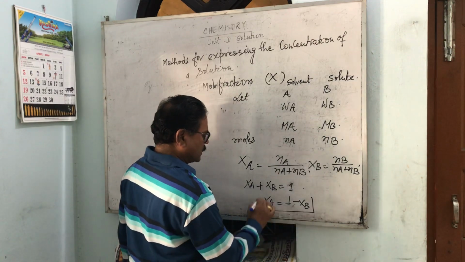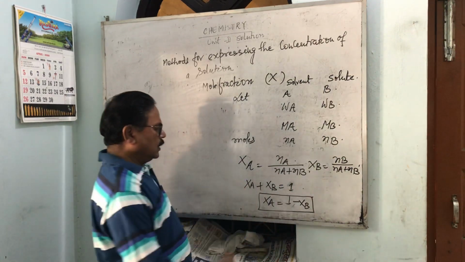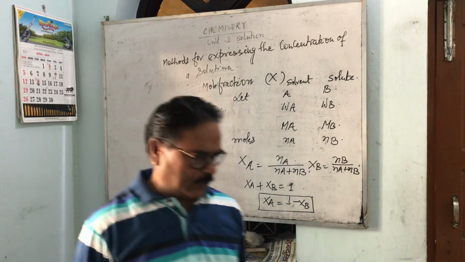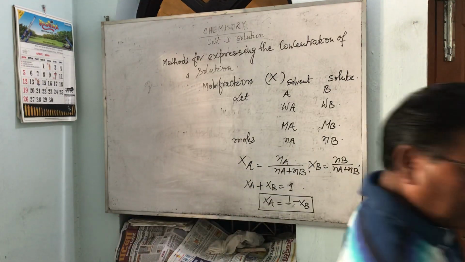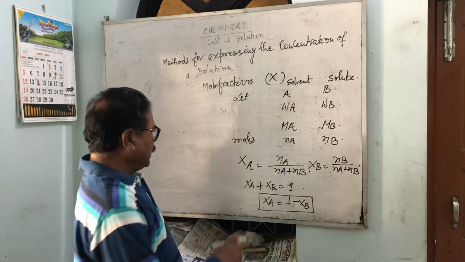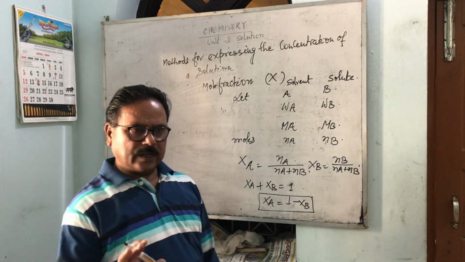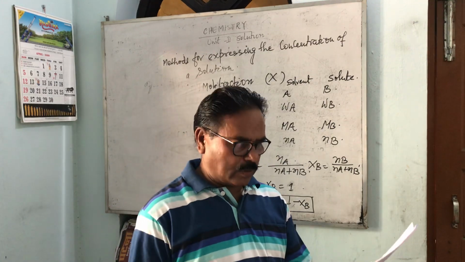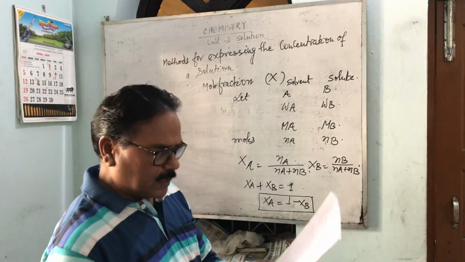So if the mole fraction of one component is known, the other can easily be calculated. Now, after the theory, there is some numerical problem, and it is given on page number 36.